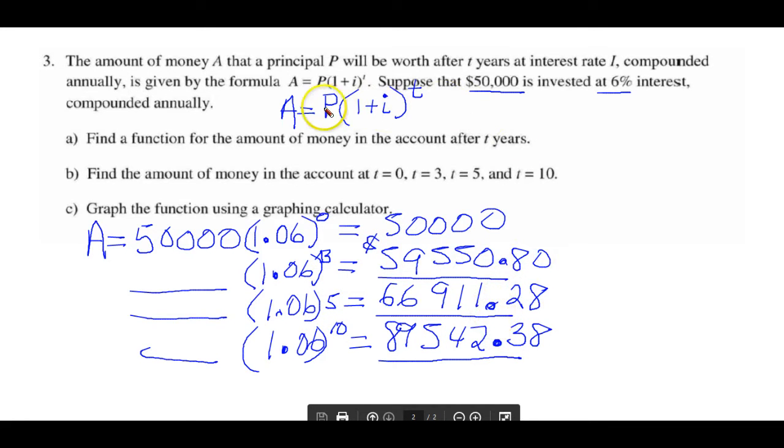Now, in putting this into a calculator to graph it, you would change this A to a Y equals, you put your 50,000 out here, and then times it by, in parentheses, 1.06, and just raise it to the x power, which is your time, and that will give you a graph.